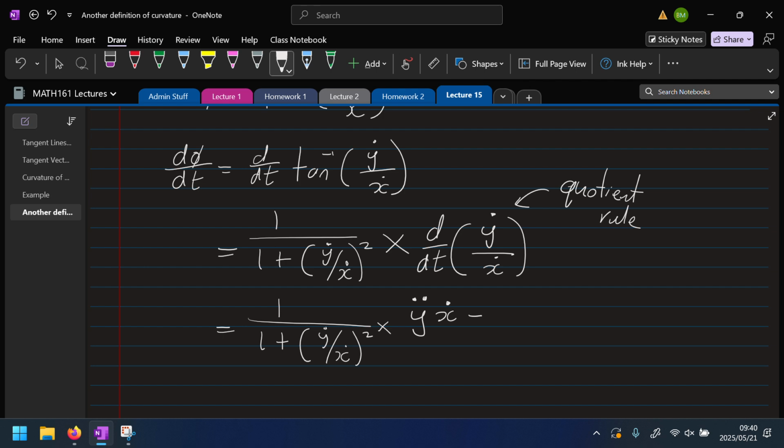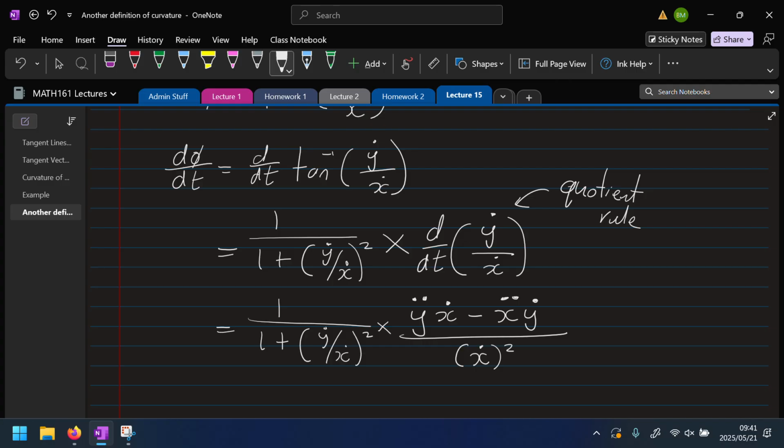So the bottom is already x dot. We do the derivative again, so that's going to be x double dot, and then times the f, so that's just y dot, all over g squared, so the bottom squared. Okay, so that's just using the quotient rule there.